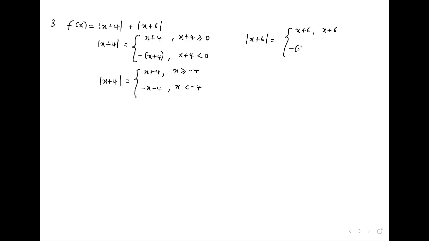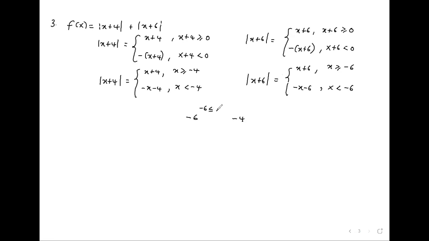So here it will be negative x plus 6 when x plus 6 is less than 0, and x plus 6 when it is greater than or equal to 0. Meaning that the modulus of x plus 6 is going to be x plus 6 if x is greater than or equal to negative 6, and negative x minus 6 if x is less than negative 6. Now we have two numbers, negative 6 and negative 4. In between, negative 6 is less than or equal to x, which is less than negative 4. We have an interval here.